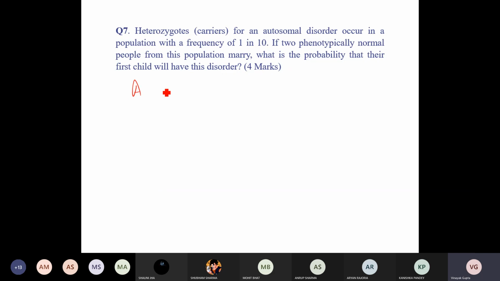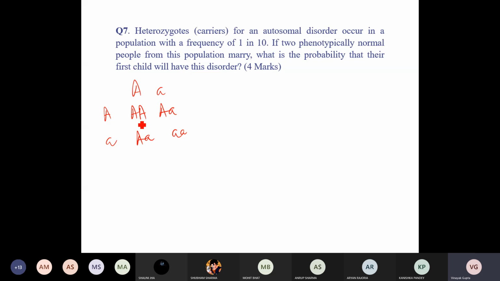You can say something like this. This is the Punnett square. When we say two phenotypically normal people from this population marry, what is the probability that their first child will have this disorder?